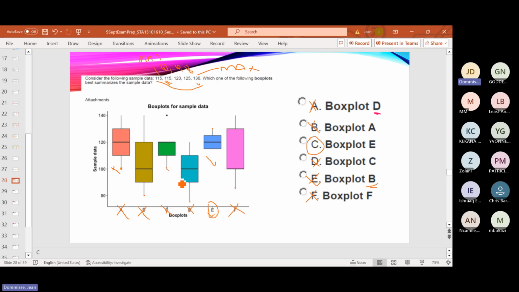So Q1 and the minimum are both the same, so that is where they will lie. Then you have Q2 on 120, Q3 is there on 125 with the maximum. So definitely E is the correct one.